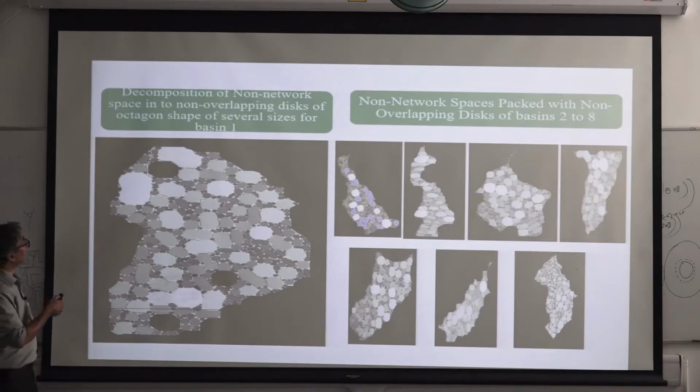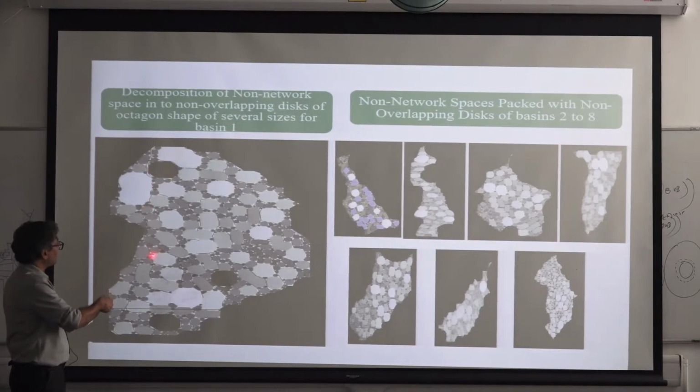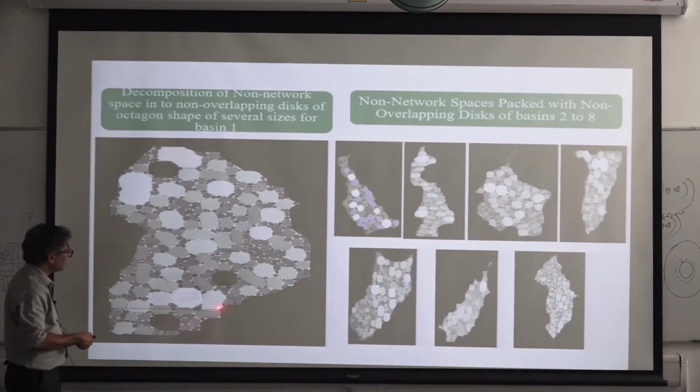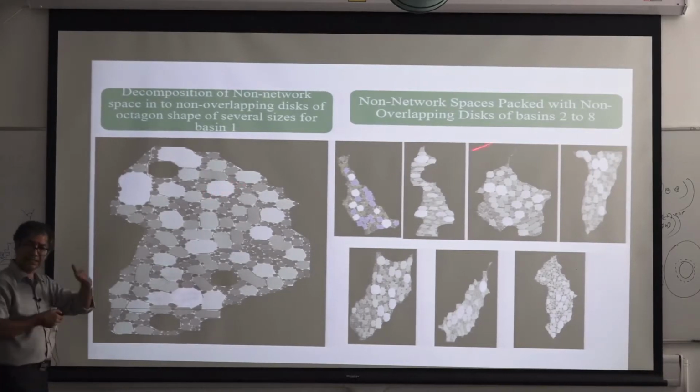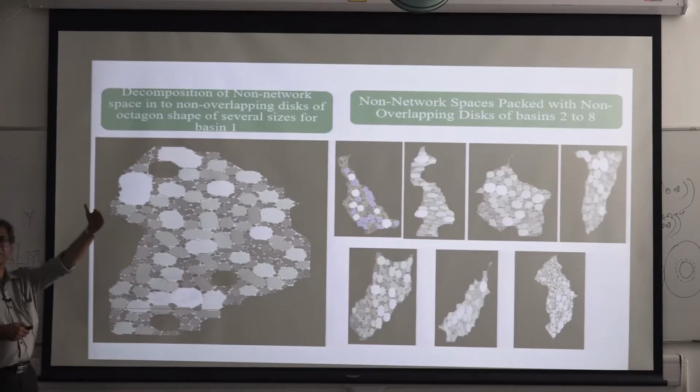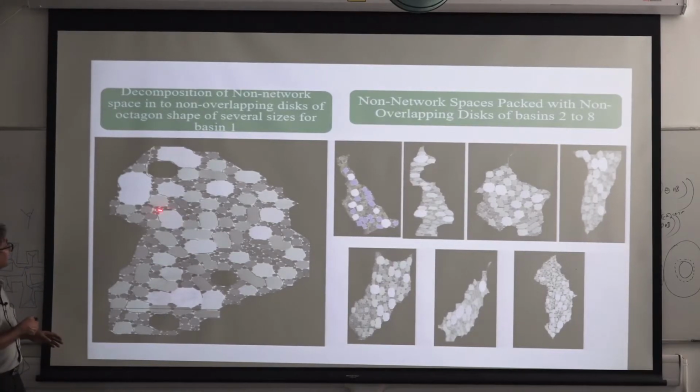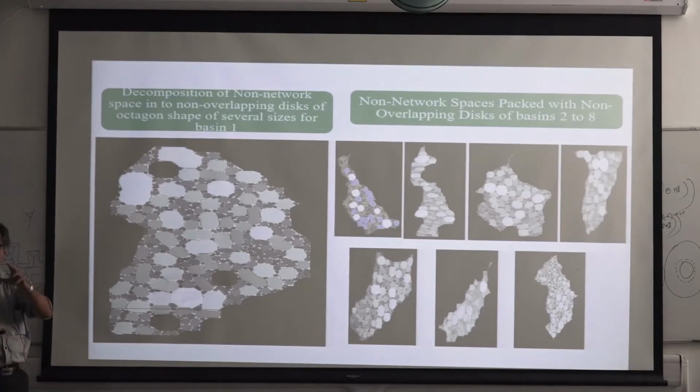So here you have these octagonal blocks, these octagonal features of various different radii. There are very small, there are medium size, there are big size, and these are all the octagons, right? And each has a specific size category, and size versus number. Smaller size categories are large in number, which were packed in the network, non-network space, and larger sized octagons are small in number.